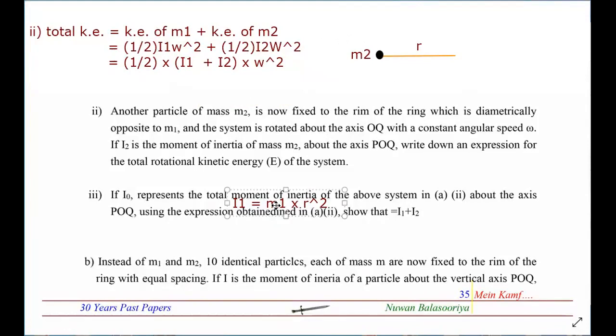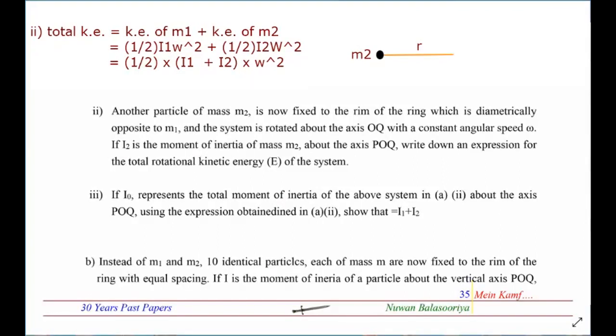Right. This is the answer for the first one. Let me erase it. If I naught represents the total moment of inertia of the above system, what is the system there? System means there is a ring. The ring does not have a mass, therefore I do not draw it.